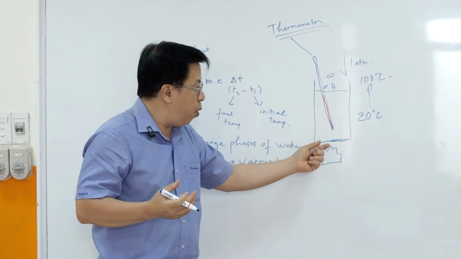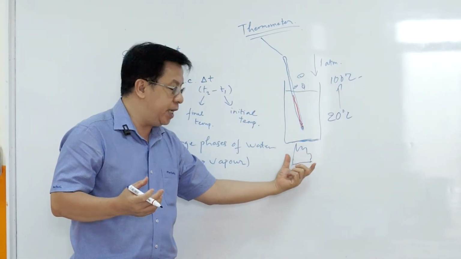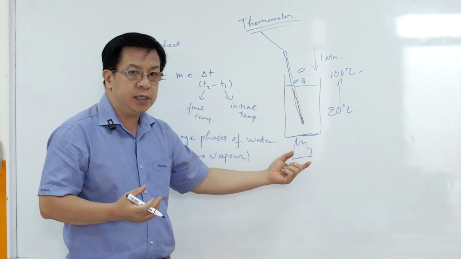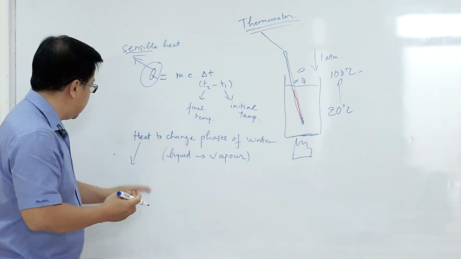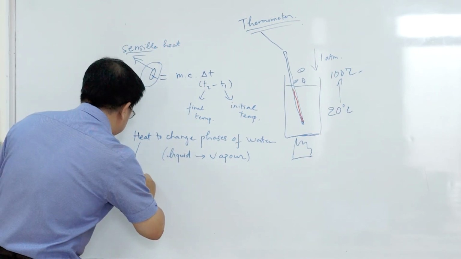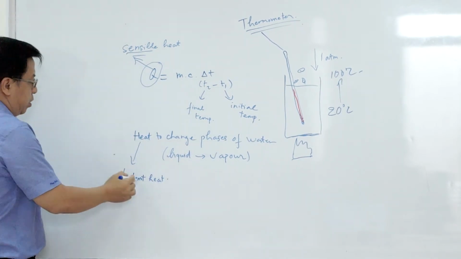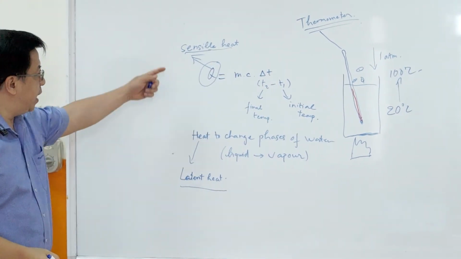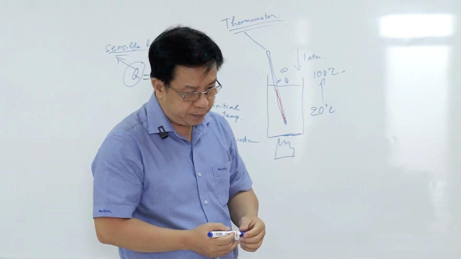For example, when the water reaches 100 degrees, you still supply the heat, but the heat doesn't show by an increase in temperature, it is used to change phases. So this heat we call the latent heat. It's very important to distinguish between the two kinds of heat: the sensible heat and the latent heat.